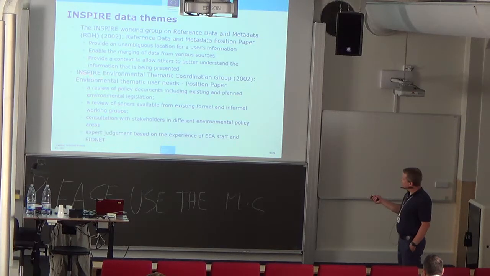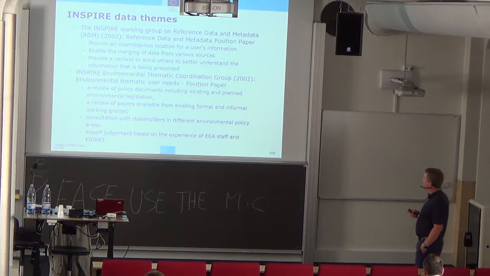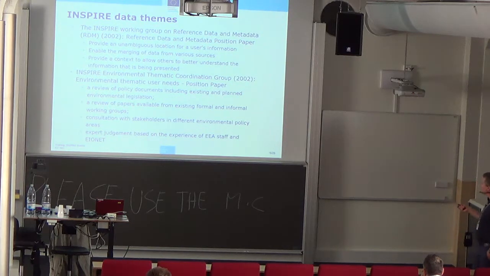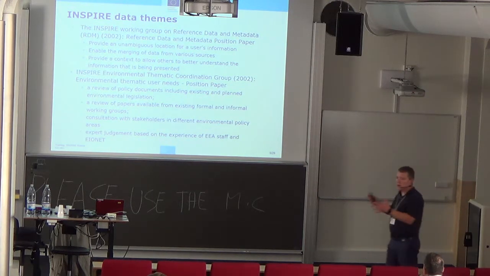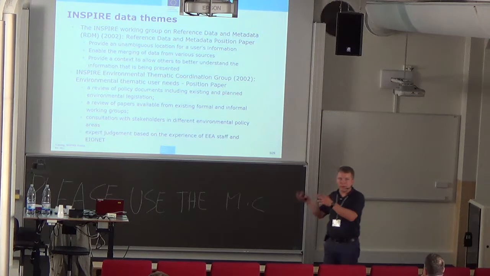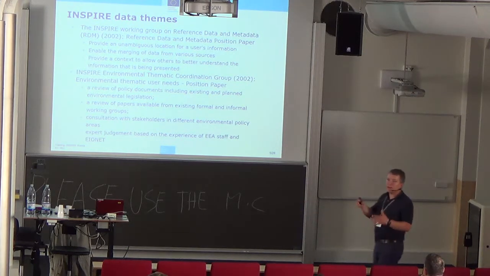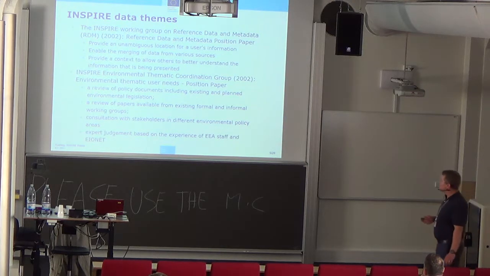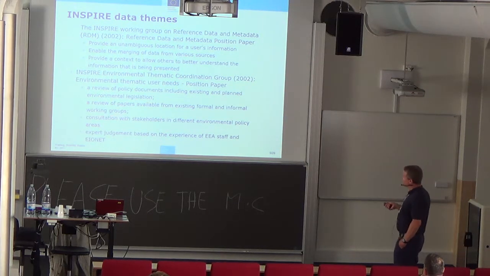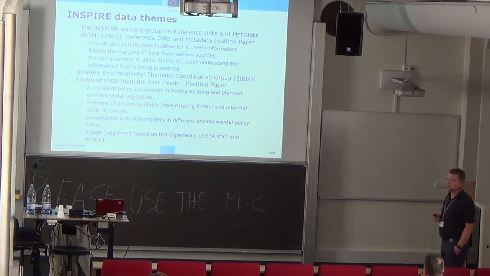The second paper was produced by the Inspire Environmental Thematic Coordination Group, also in 2002, and they were dealing with environmental thematic user needs. It was also a position paper, in which they tried to explain for the Annex 2 and Annex 3 data themes, which are more thematic, why they chose these data themes in Inspire. So these documents give us the background of these 34 data themes.